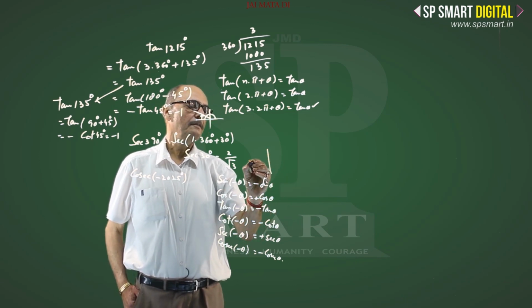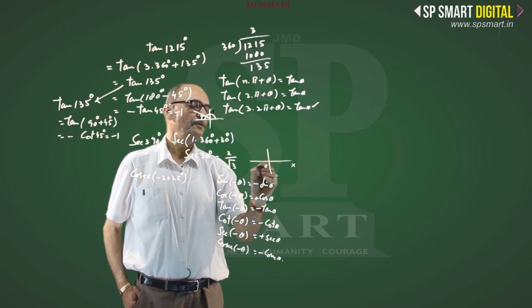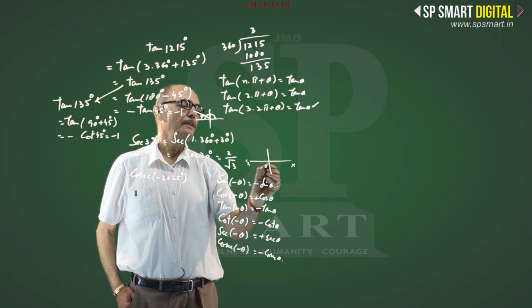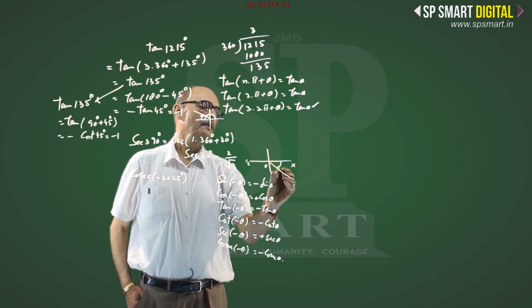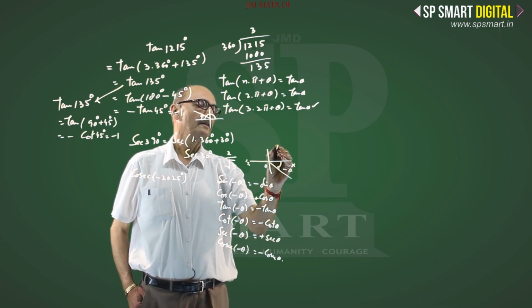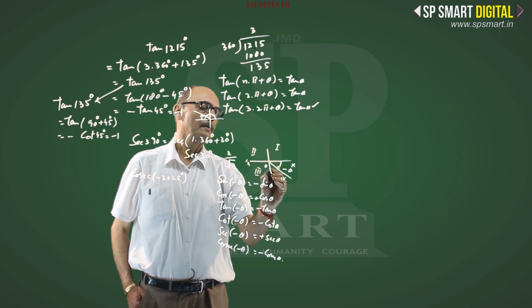There is a specific geometrical proof for this, but to remember we make use of this figure, this is y-axis, x-axis. If the angle is positive, we shall move in the anti-clockwise direction, but if the angle is negative, we move in the clockwise direction, and this is minus theta. This is the first quadrant, second quadrant, third quadrant and fourth quadrant.